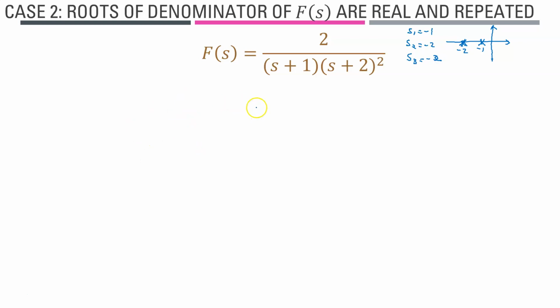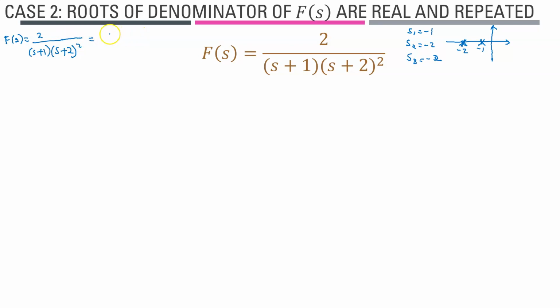So when you have the denominator with repeated roots like this, you write F(s) equals 2 over (s plus 1)(s plus 2) squared.